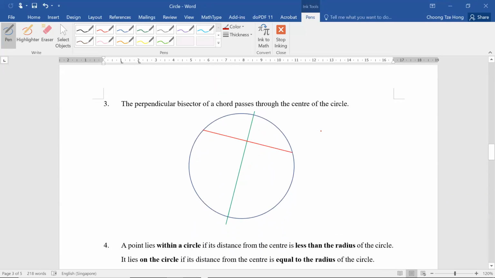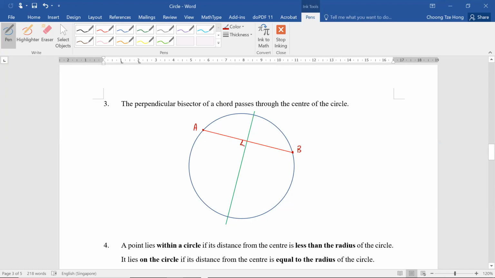The next useful property is that the perpendicular bisector of a chord will pass through the center of a circle. If you recall, a chord is a line segment that touches two points on the circumference of a circle. So let's say this is A, B. What does a perpendicular bisector do?